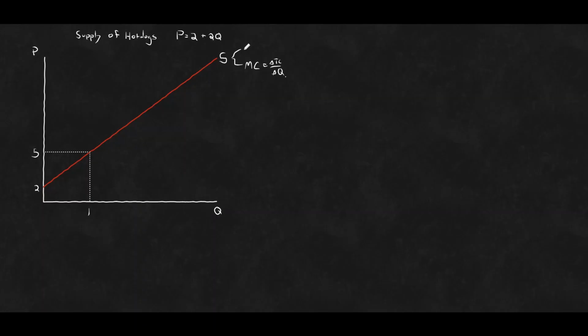The other way to think about it is that it is these firms' minimum willingness to accept. It is the lowest price that they would accept to produce that number of units, to supply that number of units. So the way that we've written this here, price equals 2 plus 2Q, is truthfully written as a minimum willingness to accept or as a marginal cost function.